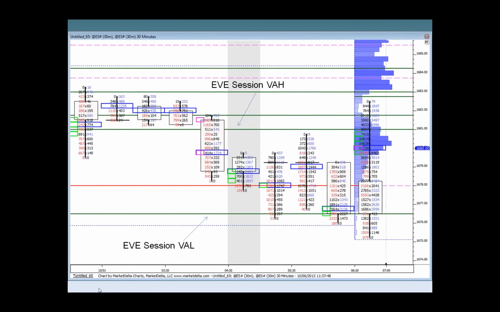Now, here I have the footprint and candlesticks, and I also have the lines from the profile indicator. MarketDelta will easily allow me to do all that. It takes a little bit of time to put it together, but it is really a very easy chart to assemble. All you need to do is add an instrument for the footprint in addition to the candlesticks, and invoke the profile indicator, and you will have a chart just like this one.